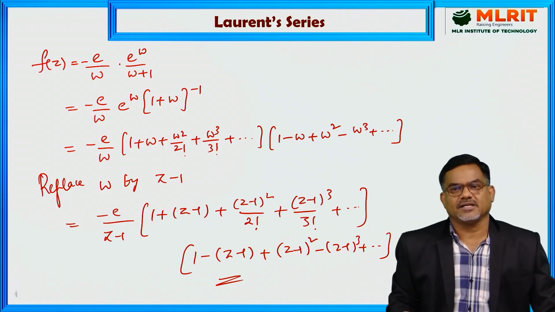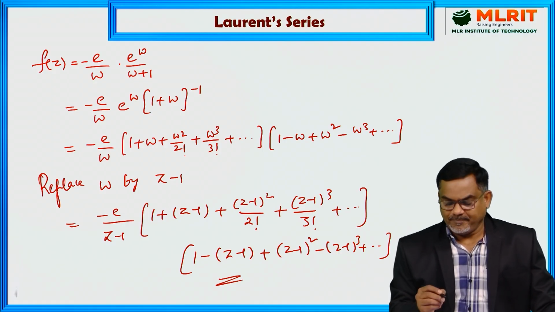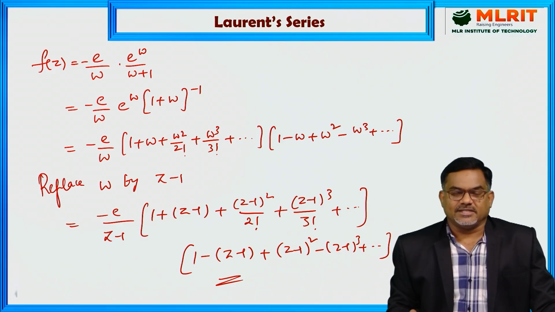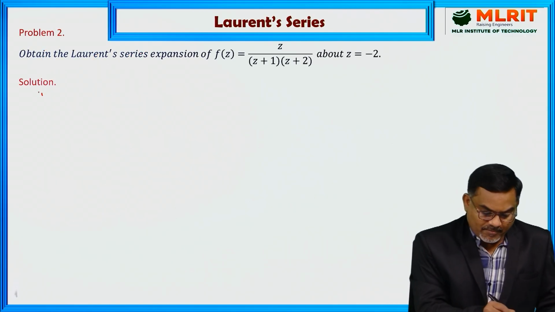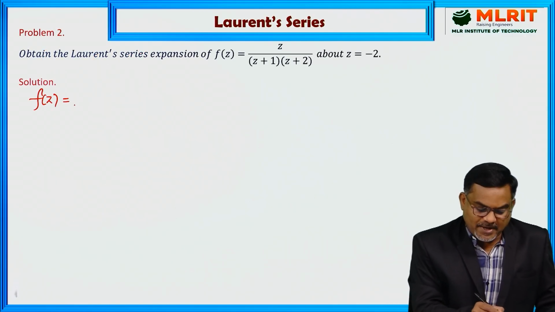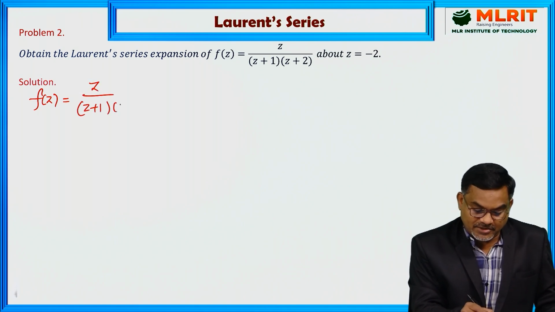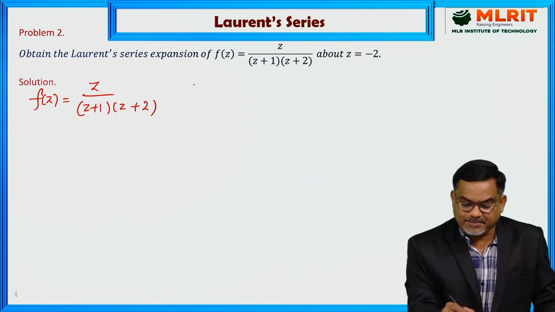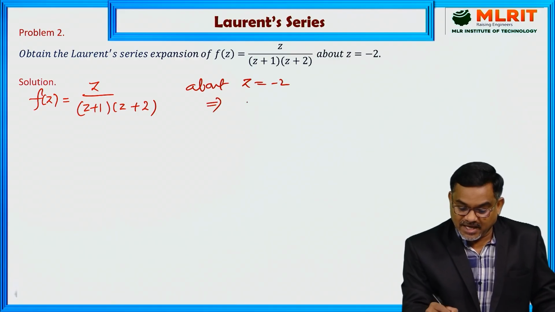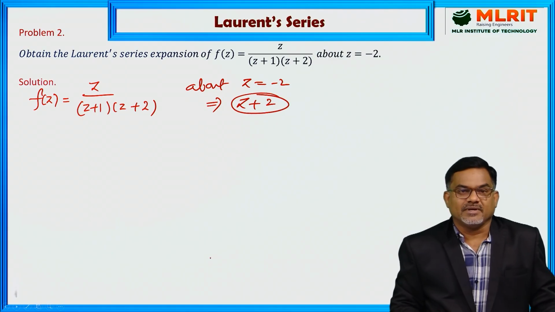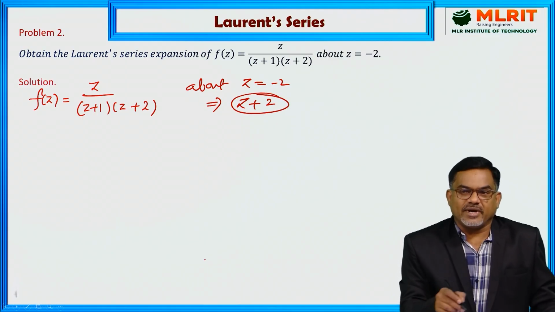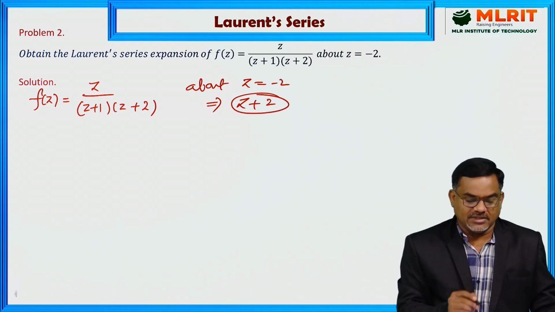Similarly, let us solve one more problem on Laurent series expansion. Coming to the second problem, we need to expand this f of z, z by z plus 1 into z plus 2, as a Laurent series expansion about z equal to minus 2. So, that implies in powers of z plus 2. So, we try to get the term z plus 2 in the function f of z.